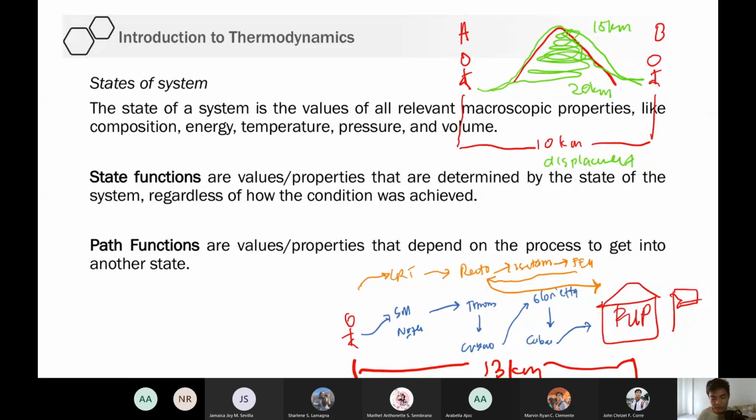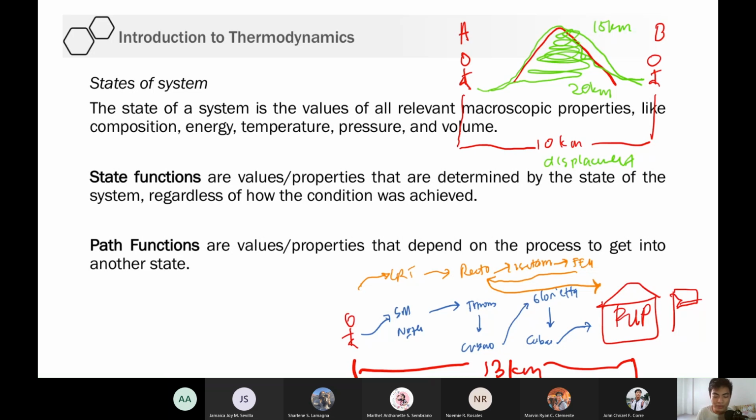O siguro in 30 years old na ako, namimigay na ako ng pera kasi nanalo na ako ng loto. Tingnan natin kung mangyayari yun. Pagdating ng 40, patay na ako. Kunwari lang. Okay. So, yun yung ganap sa buhay. Ang state function ng buhay ay beginning and end. Buhay ka, tapos mamamatay ka. Pero yung ginawa mo in between, that is a path function.